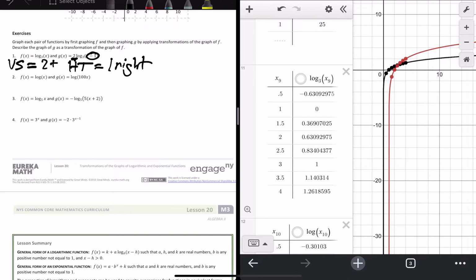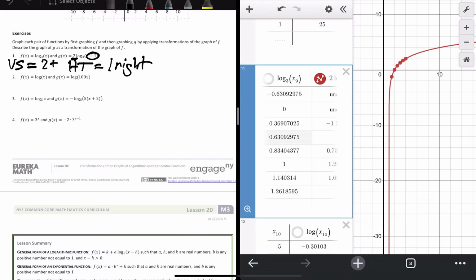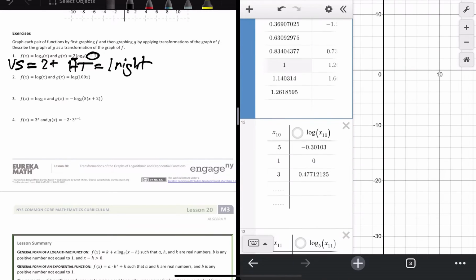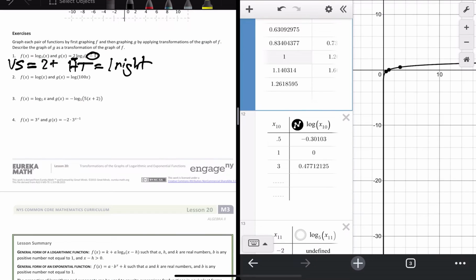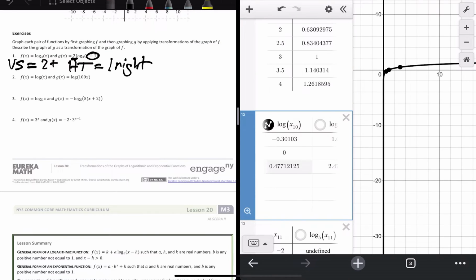Now, let's look at number 2. And if we look at it, it's just base 10. Okay. So when we do this, you may need to write it in a different form. Because if you just look at it, you'd say, well, that doesn't look like anything but a horizontal scaling of 100.